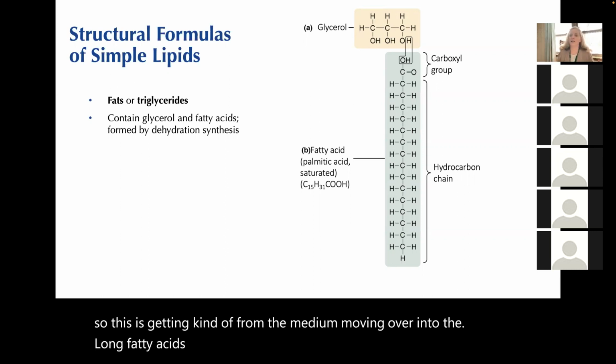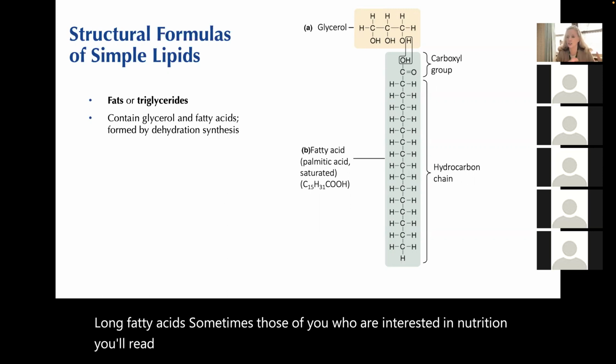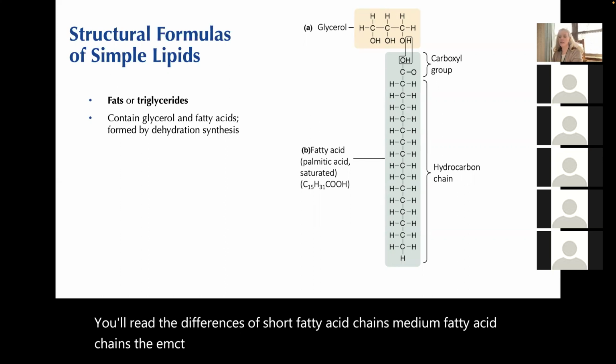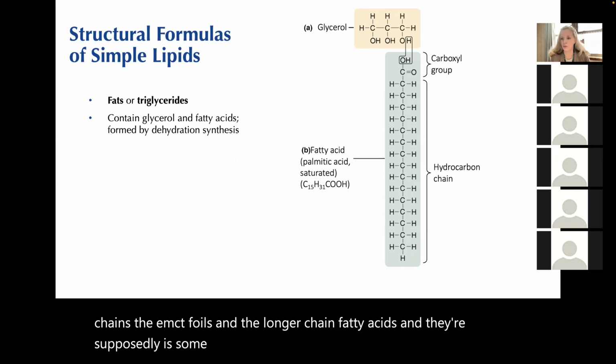Sometimes those of you who are interested in nutrition, you'll read the differences of short fatty acid chains, medium fatty acid chains, the MCTs, oils, and the longer chain fatty acids. And there supposedly is some kind of special health benefit for medium chain fatty acids, okay?